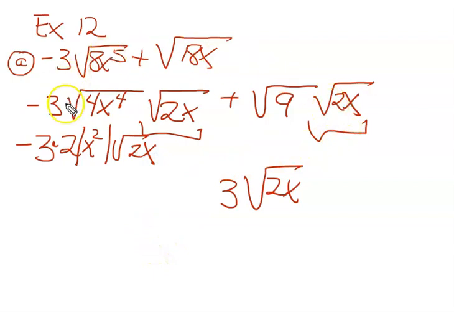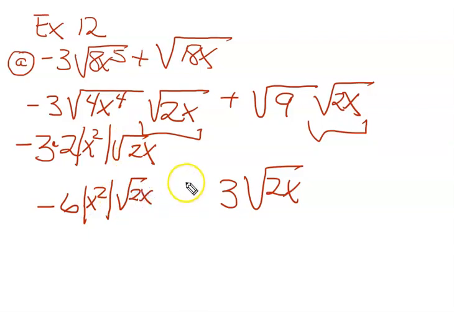So simplifying this then, this is going to become negative 6, the absolute value of x squared, the square root of 2x plus 3. I believe that's as far as we can go.